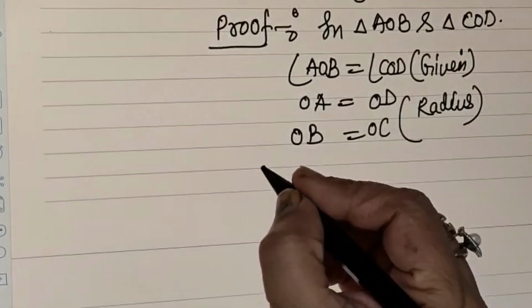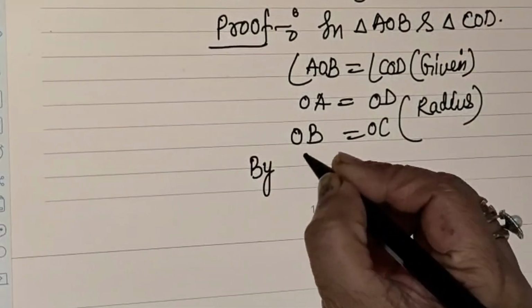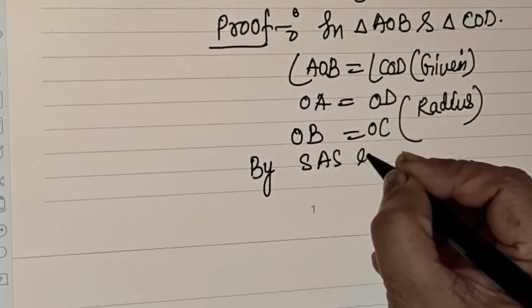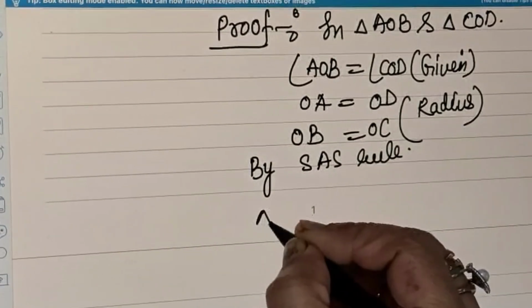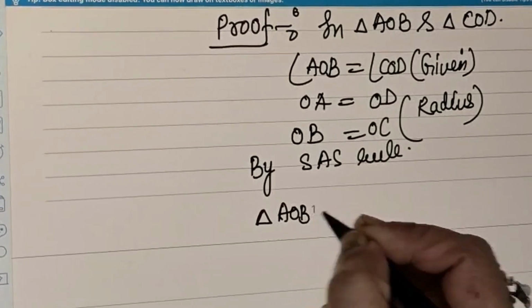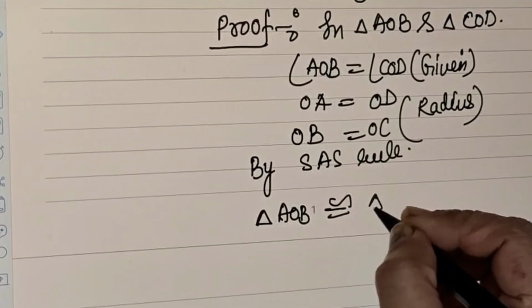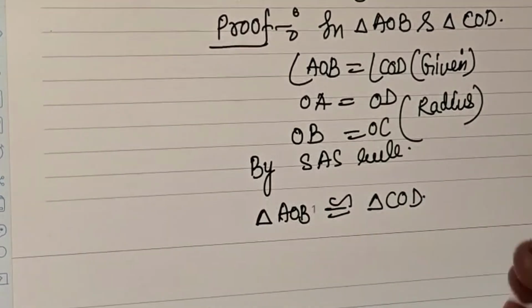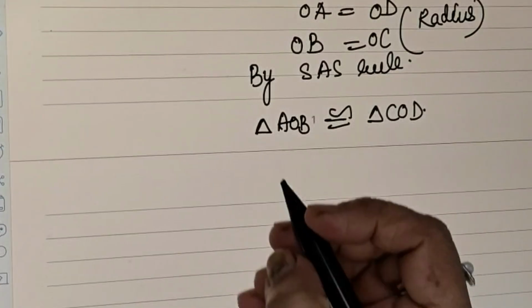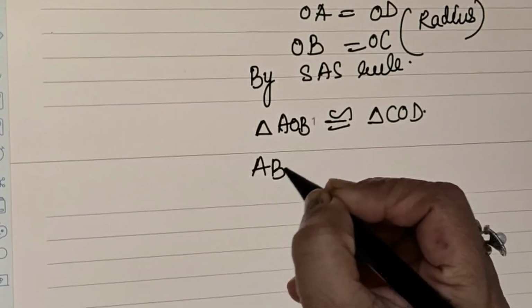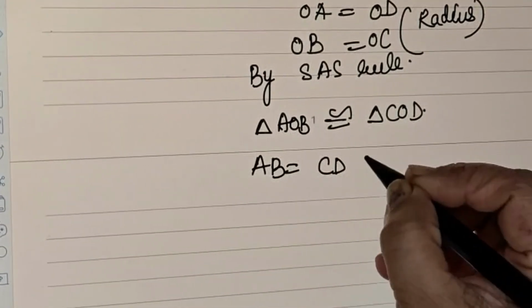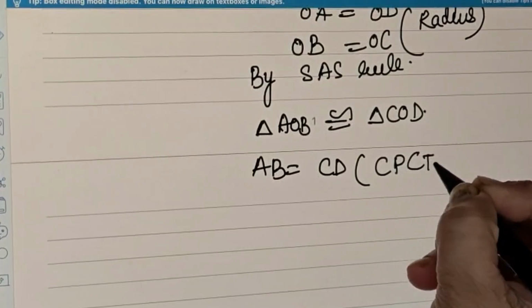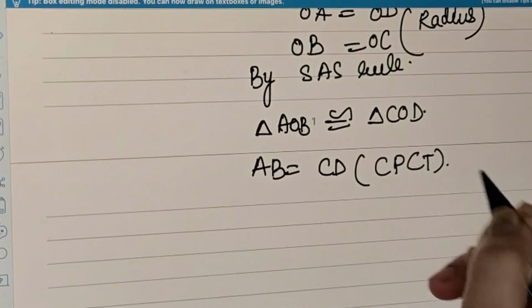Now we will use the SAS rule, triangle AOB will be congruent to triangle COD. When you make triangles congruent, what will happen? The sides will be equal by the reason CPCT. Got it, children?